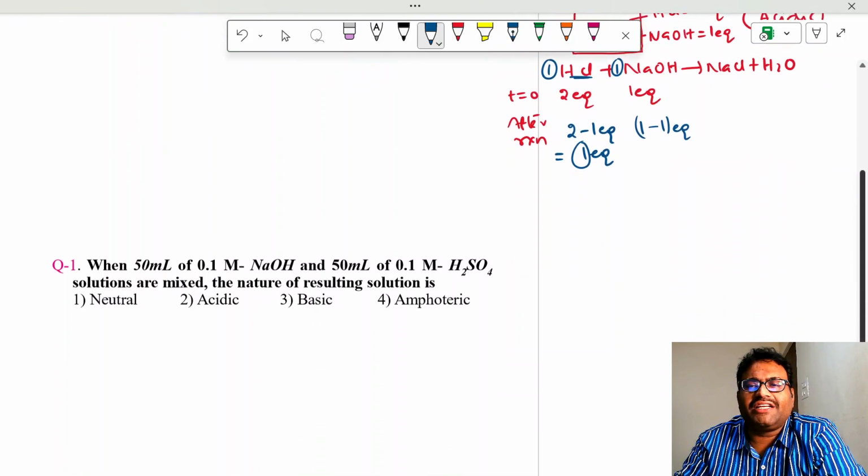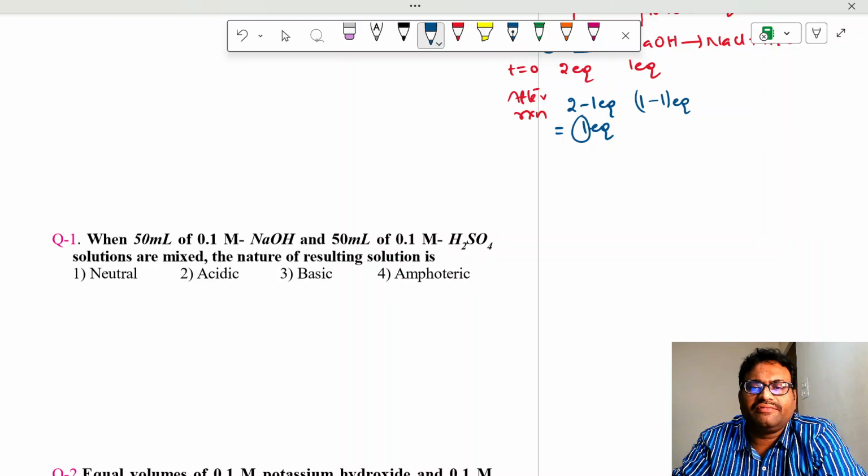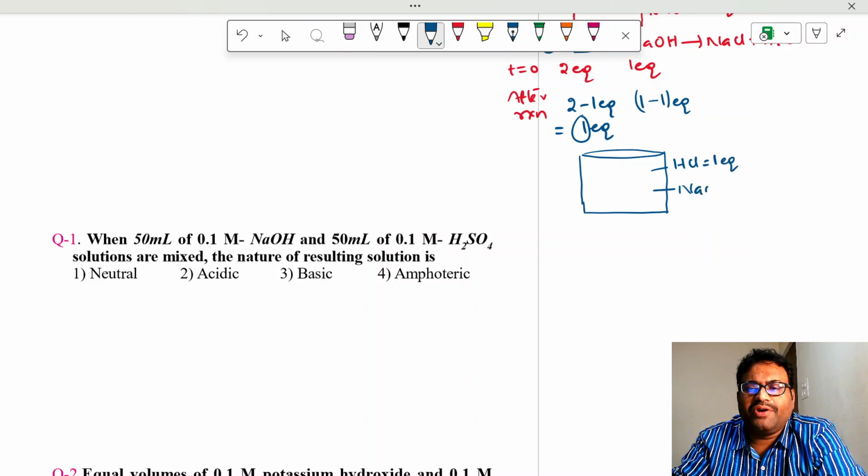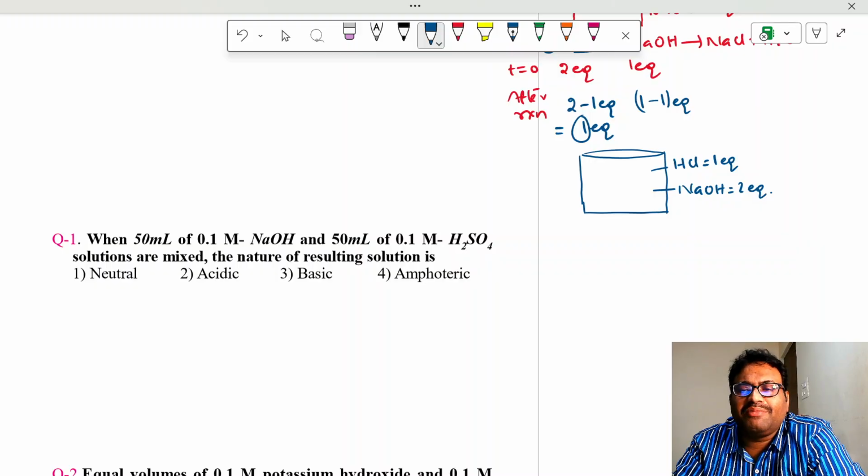So, for example, let us take another solution. Here HCl is one equivalent and NaOH is two equivalents. Now, what will be the nature of the resulting mixture?